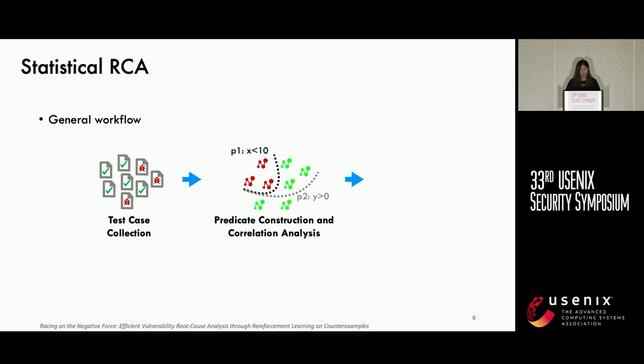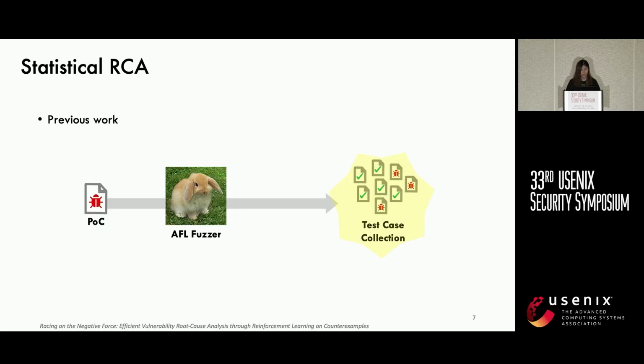These predicates are subsequently ranked by the correlation. The higher the correlation, the more likely the predicate is to be the root cause. In this process, having a sufficient number of test cases is critical for accurately identifying the root cause.